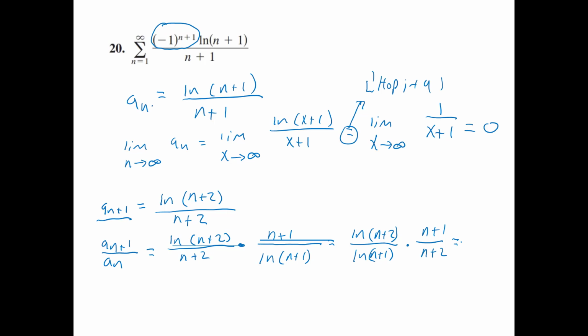I thought this was going to work, but because the natural log is an increasing function, the numerator of this fraction is bigger than the denominator, and this one's bigger than 1. But this one over here, the numerator is smaller than the denominator, and that's less than 1.